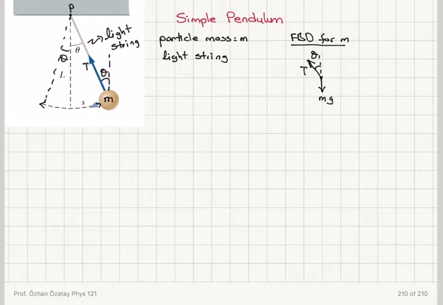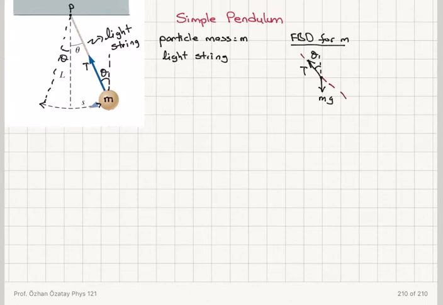So I find that the motion is part of a circular motion. It's a circular arc that I'm drawing, going in between plus theta and minus theta, maximum angular displacements. So I would like to basically say that I have a radial force here and a tangential force.